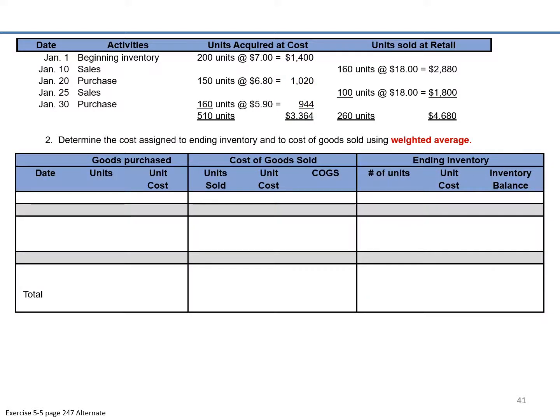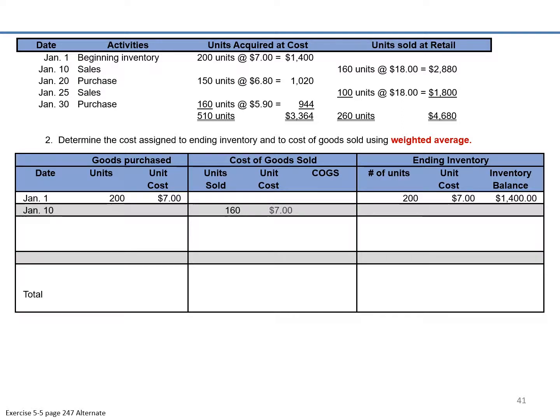All right, so under the weighted average method, each time we compute our weighted average cost. On January 1st, we have 200 units at $7, which means our ending inventory is 200 units at $7. Then on January 10th, we sold 160 units.